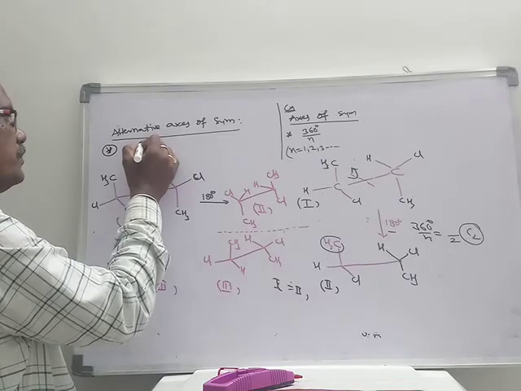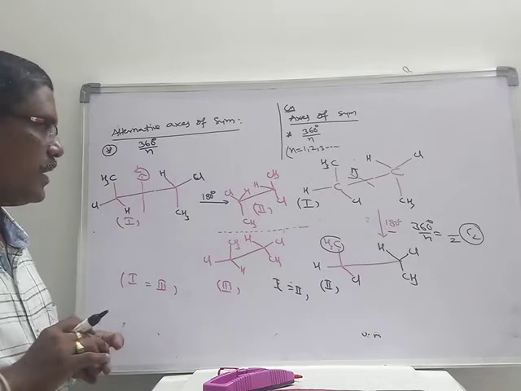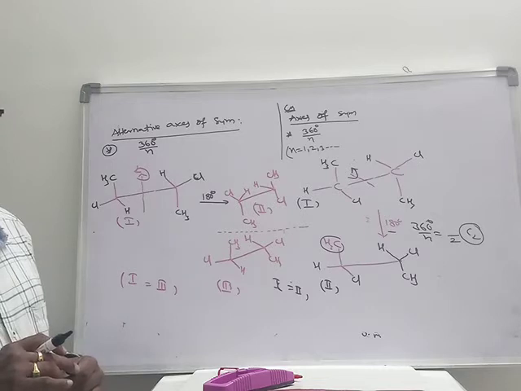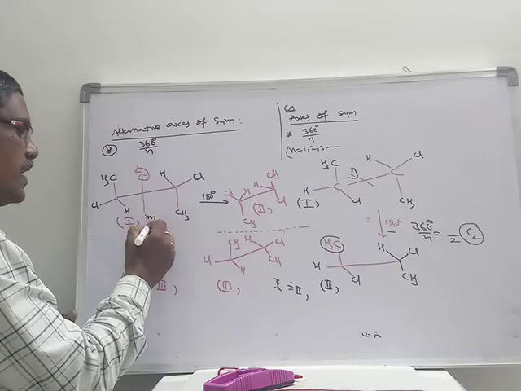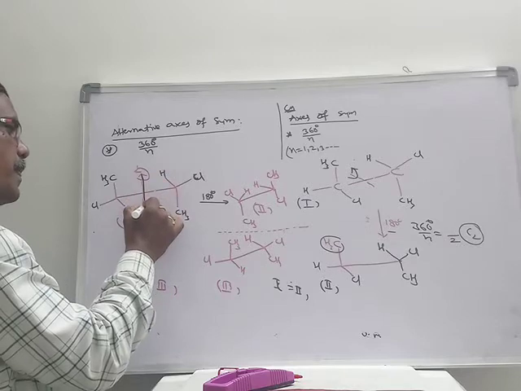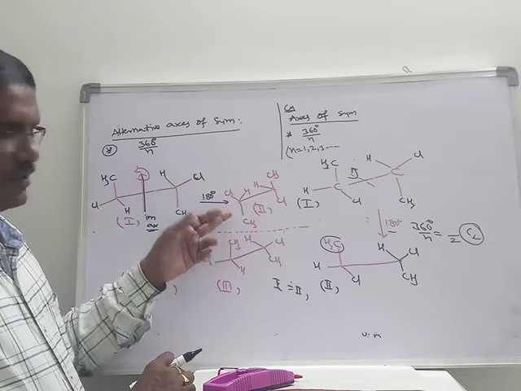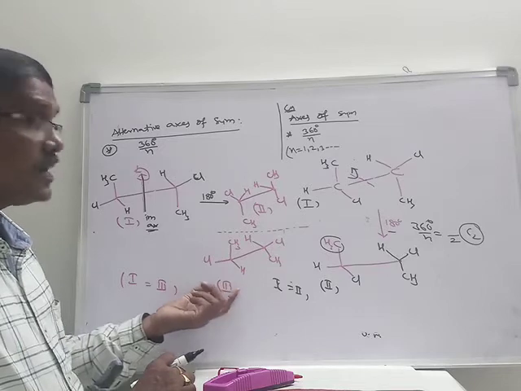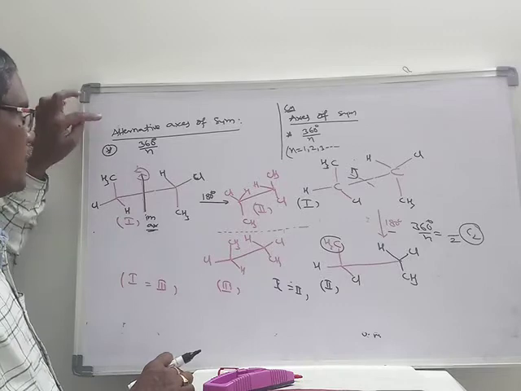If the molecule is rotated by 360 degrees by n angle through an imaginary axis, this is the imaginary axis, and the obtained structure's mirror image is similar to the original structure, then the imaginary axis is known as the alternating axis.